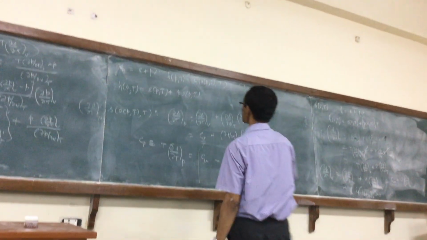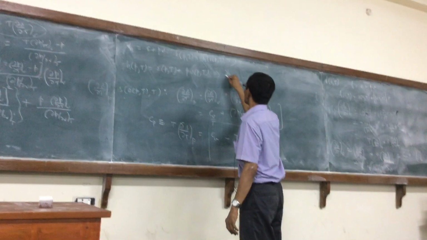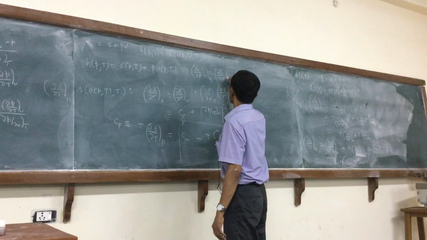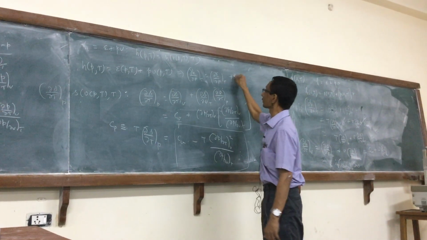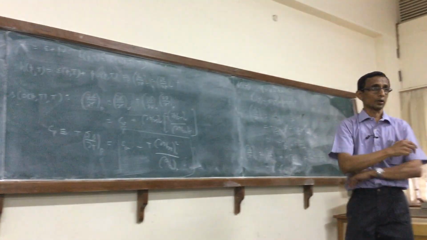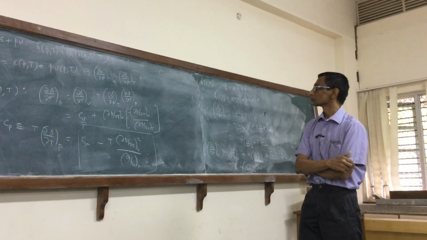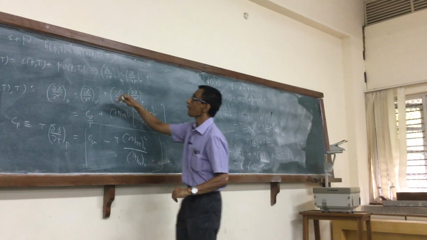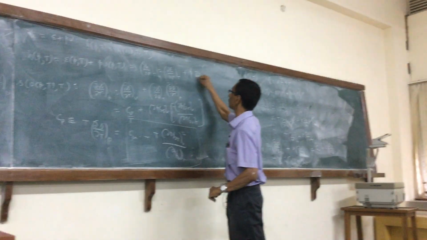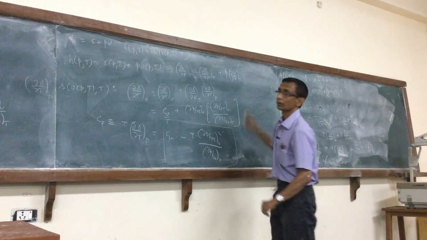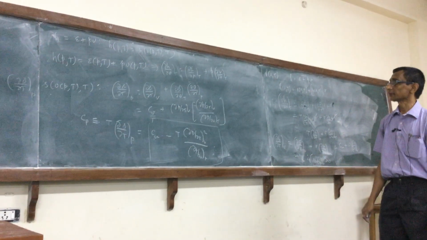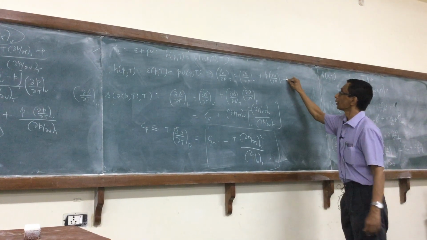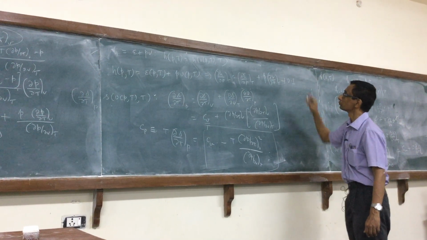So dH by dP at T is dE by dP at T plus P times dV by dP at fixed temperature, plus V times 1.